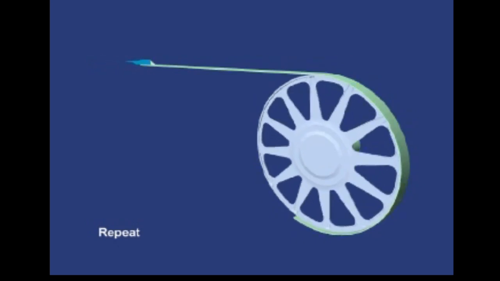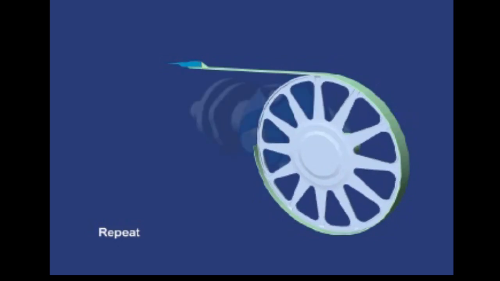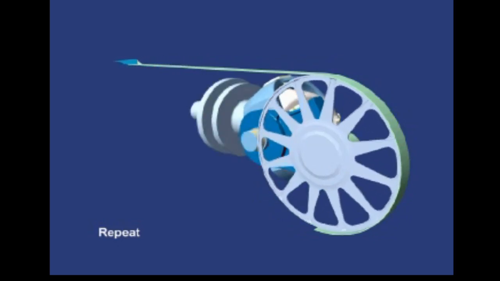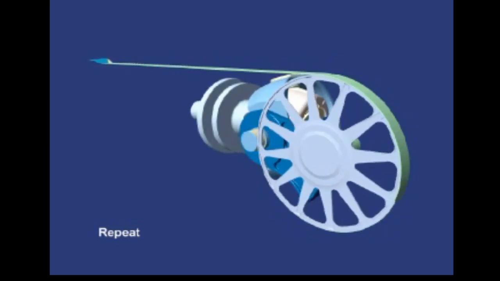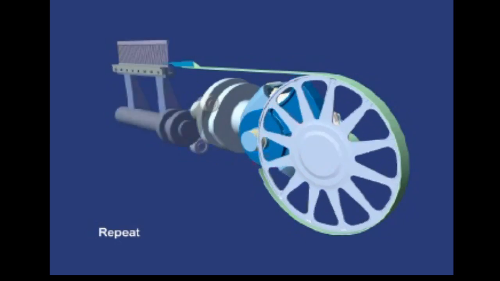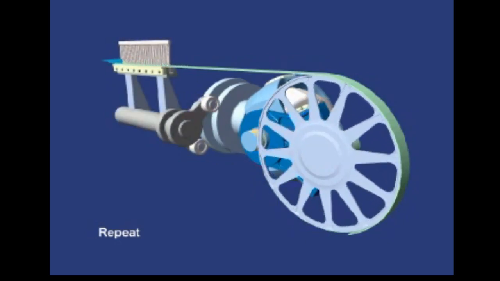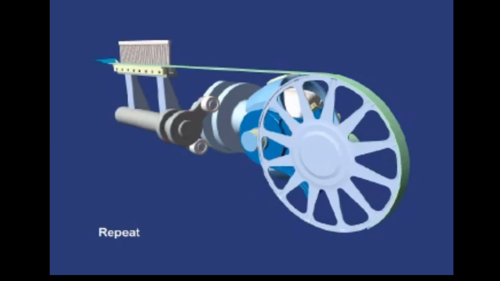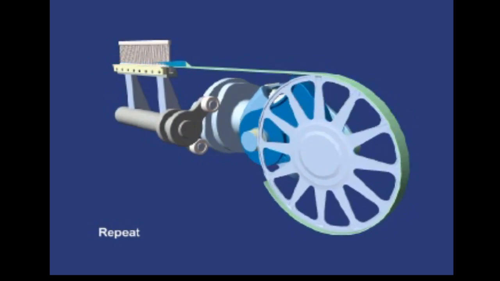Right hand, left hand also, a wheel like this will be there. The drive is from the main shaft, driving gear. This is the sleigh drive here.